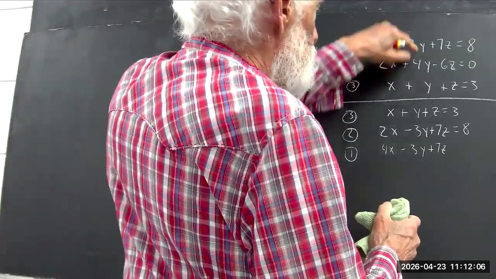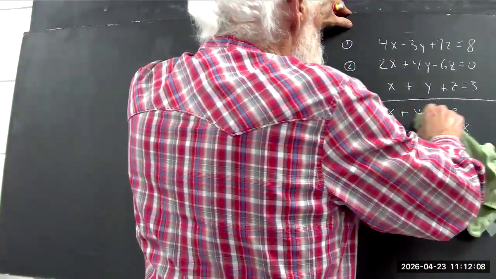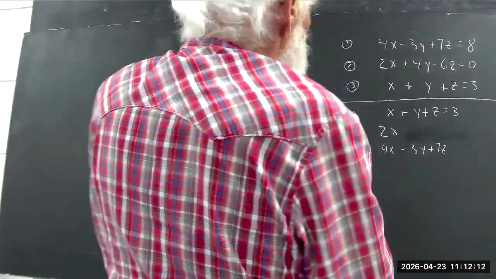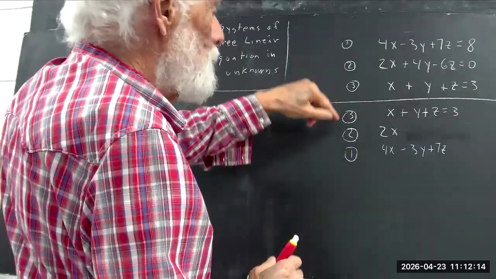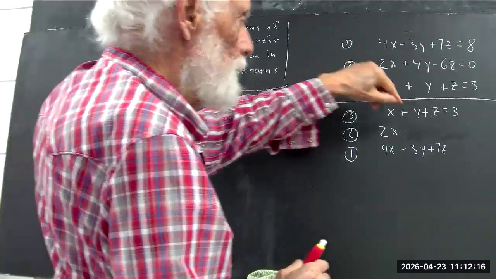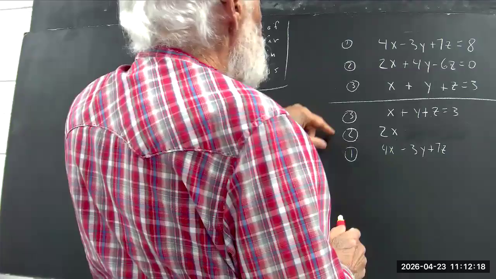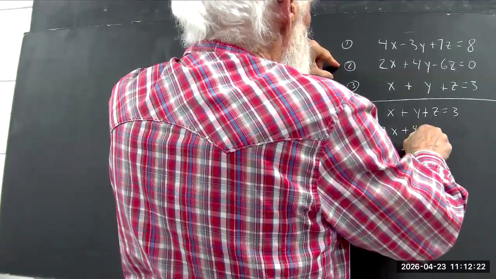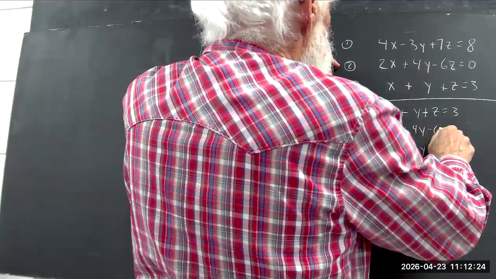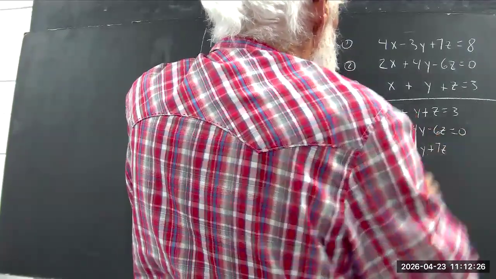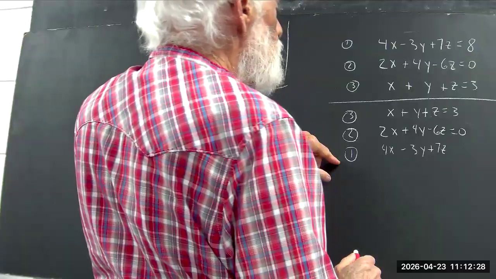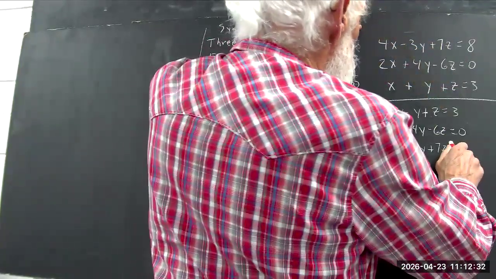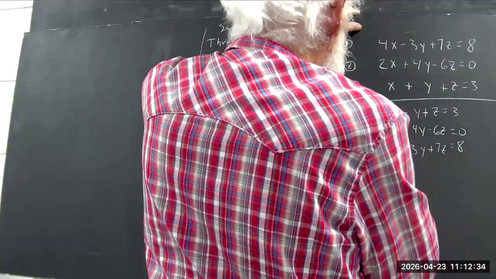I started writing out the second equation, then my eye shifted to the first. So anyhow, I write equation 3 from the previous, x plus y plus z equals 3. I write equation 2 from the previous, which is 2x plus 4y minus 6z equals 0. And then I write equation 1 from before, which is 4x minus 3y plus 7z equals 8.